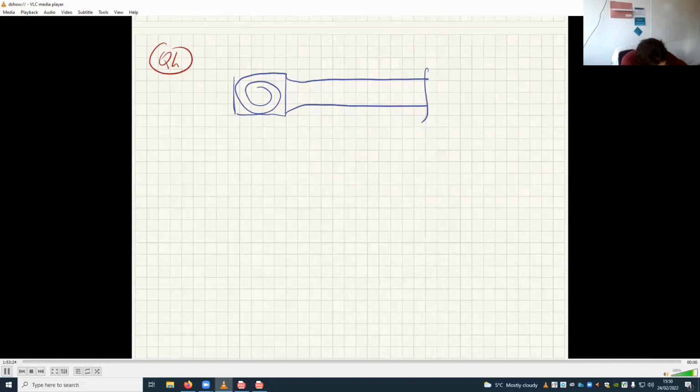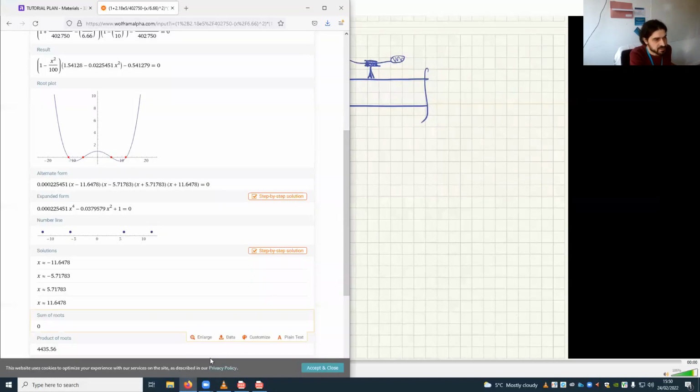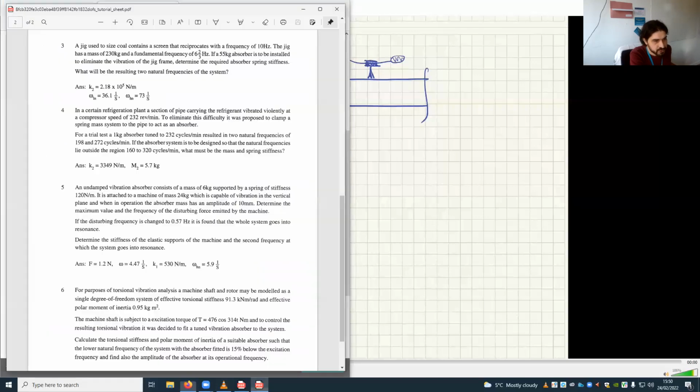So let's attach a stock bridge damper, with a certain mass and a certain stiffness. And let me copy all the information.